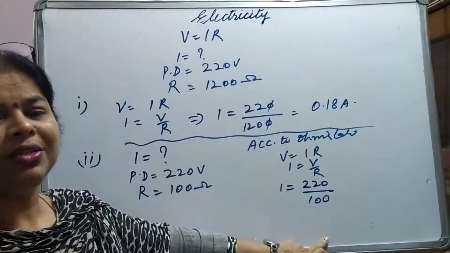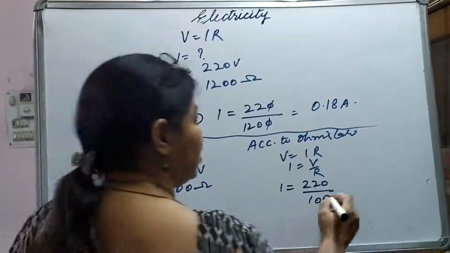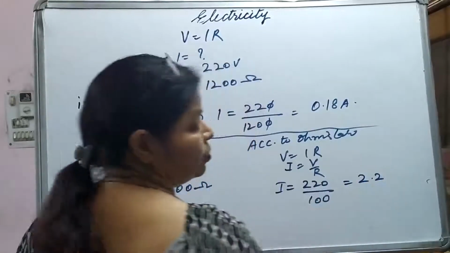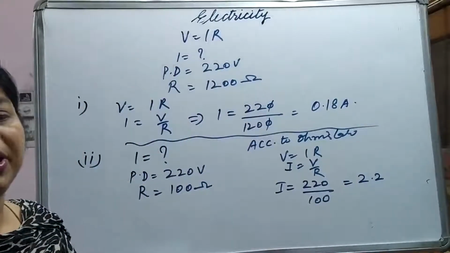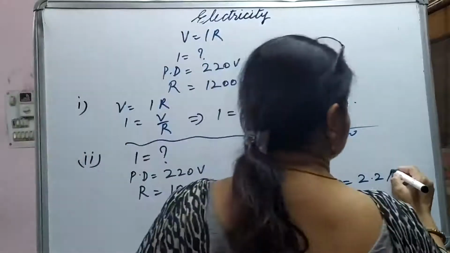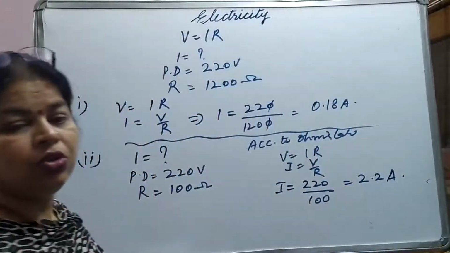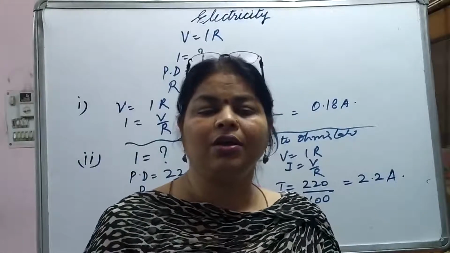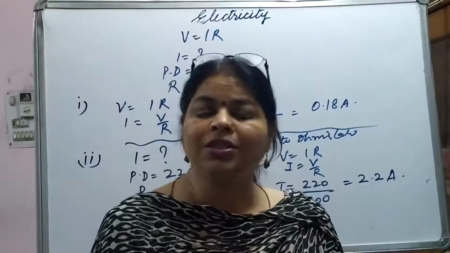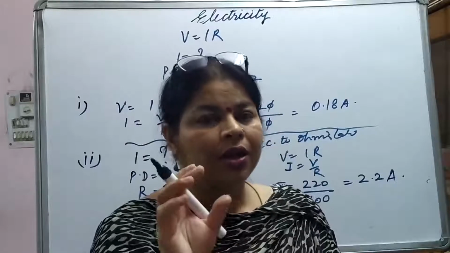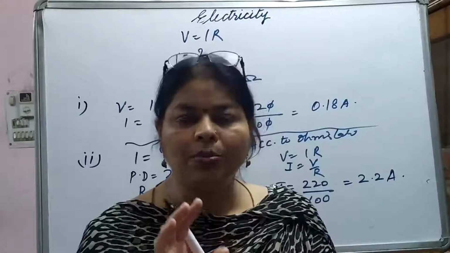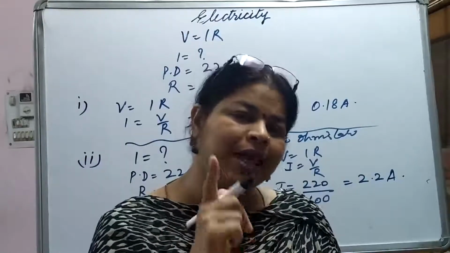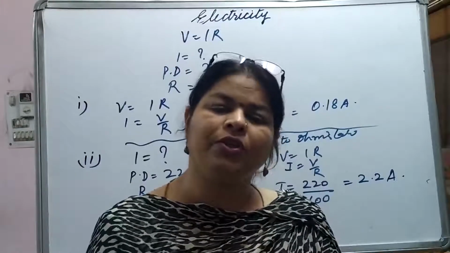So what will be the answer then? I is equal to 2.2. So it will become 2.2 amperes. Now, what is the difference between the current drawn by an electric bulb and electric heater from the same 220 volt source?